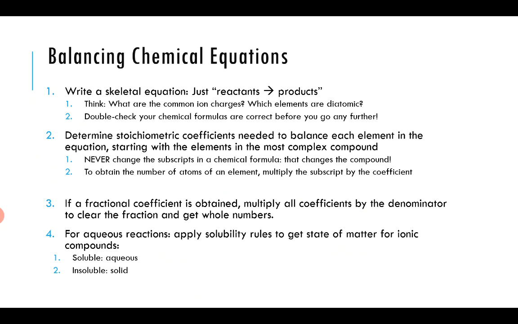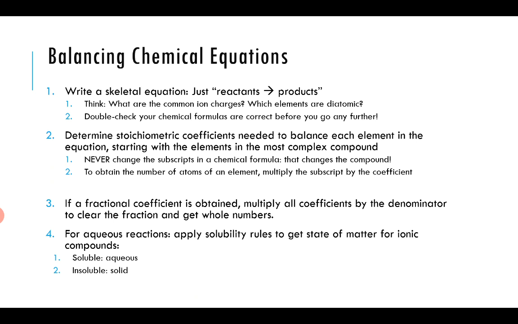So we have to think about what the common ion charges are, which elements are diatomic, and we really have to make sure that we're getting our chemical formulas correct before we move forward. We're going to be learning patterns of chemical reactions in another video that will help us predict products. But we still need to get our product chemical formulas correct.